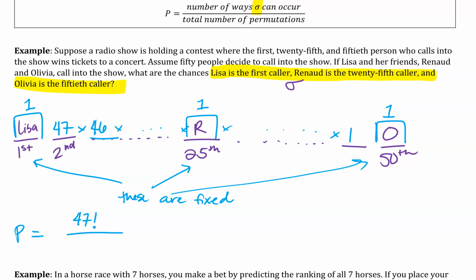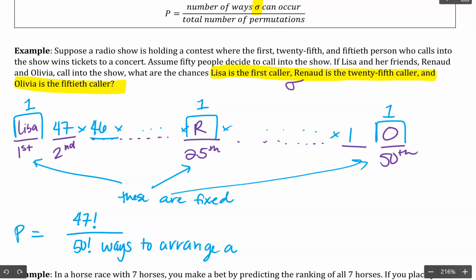So our total possible ways that we can arrange these 50 people into 50 places to call in for a radio show, if we don't specify our friends to be in these specific three spots, would be 50 factorial ways to arrange all 50 people. So 47 factorial divided by 50 factorial.